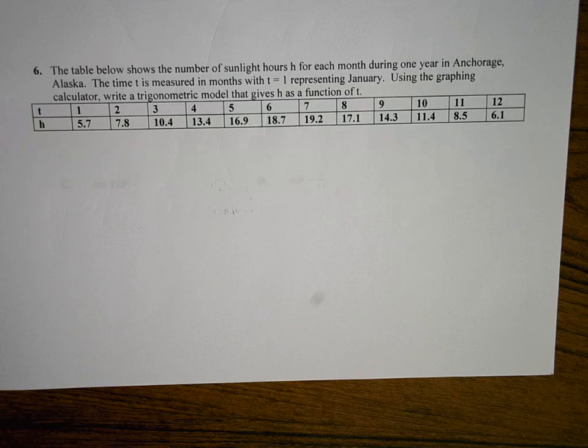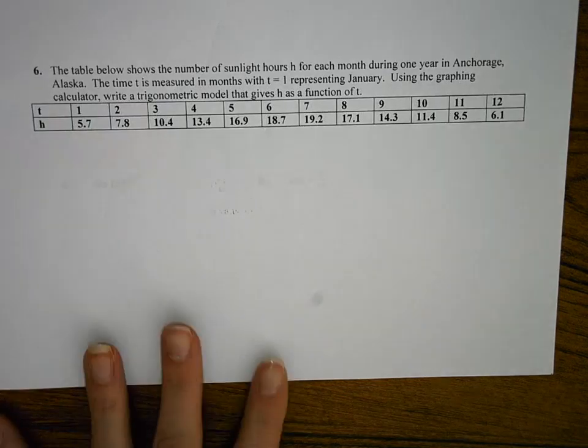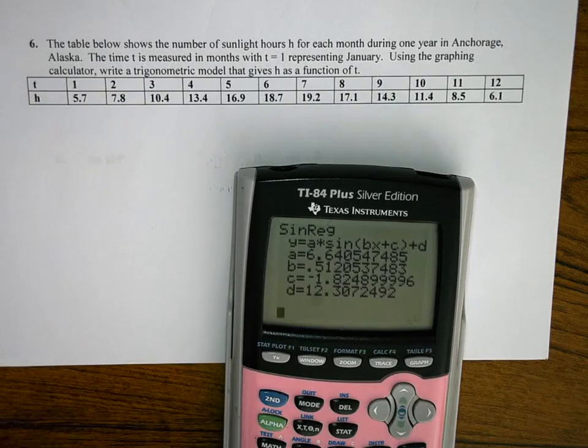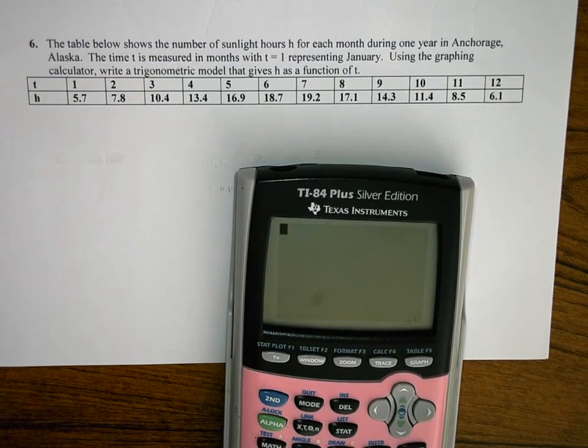All right. Now, we are going to use our grapher to help us find the equation for these trig functions. So, grab your machine. Think about how far you've come with this machine. Turn it on. Clear out whatever's in there.